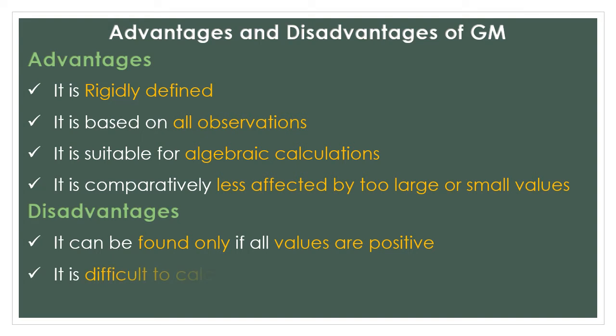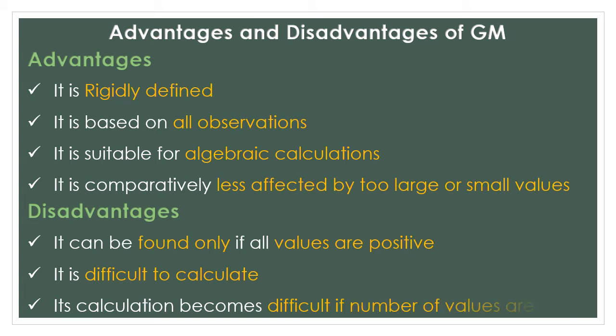Next disadvantage, it is difficult to calculate. Of course it is difficult to calculate. Calculating a root is not an easy task. And if the number of observations is say 15, how are you going to find the 15th root of the product of 15 different observations? So when values are big or the number of values is big, it is too tedious to calculate geometric mean.